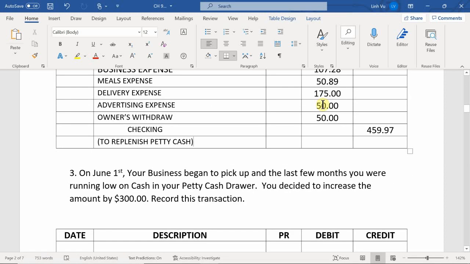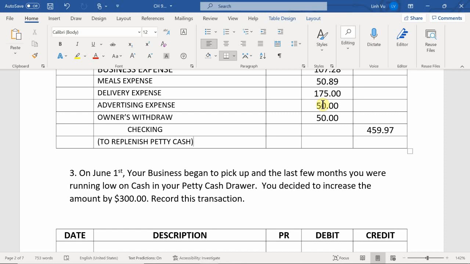So then on June 1st, your business begins to pick up, and in the last few months you are running low on the cash in your petty cash drawer. So you decide to increase the petty cash by $300.